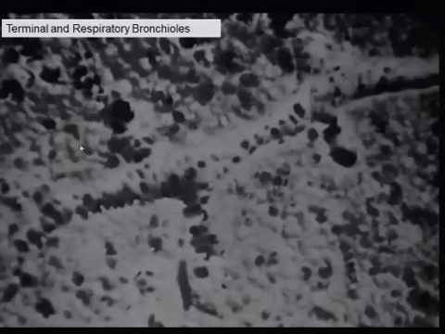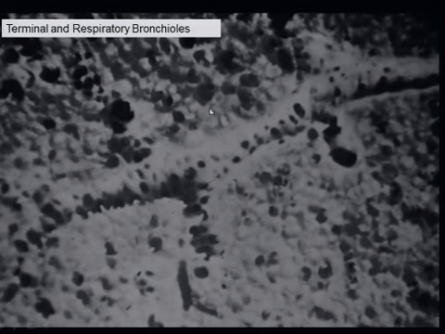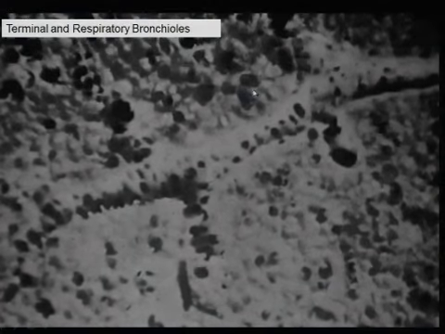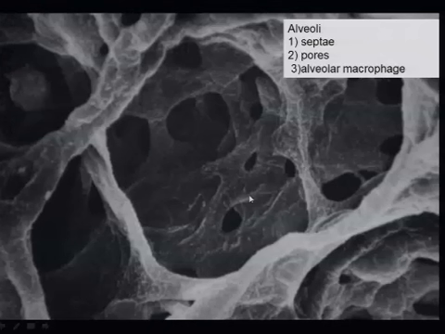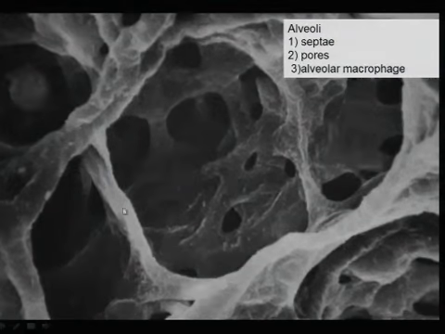This here is just another micrograph looking at terminal and respiratory bronchioles. You can see how they all come in, and actually all of these alveoli are interconnected through these small alveolar pores. This is a much better picture. Here you can see in the alveoli, these are the septae that separate the alveoli, but look at the multiple pores and connectivity between these alveoli.